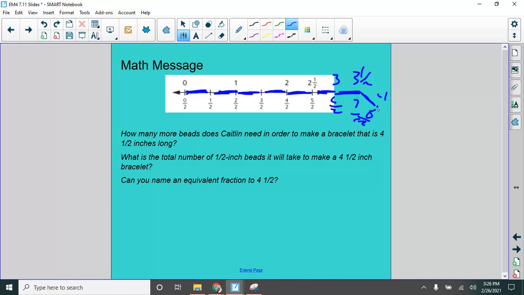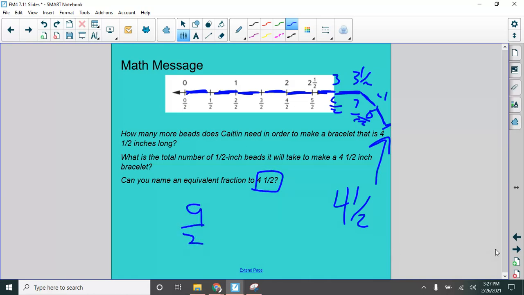And this looks terribly sloppy. But now we got up to 4 1/2. That's where 4 1/2 would be. So counting the beads, we know there's 5 here. 6, 7, 8, 9. I added 4 extra beads to get up there. So it would take 9 beads. An equivalent fraction would be 9 halves.